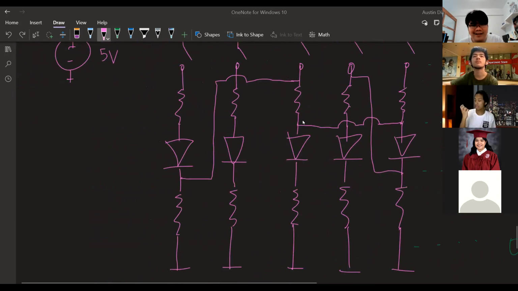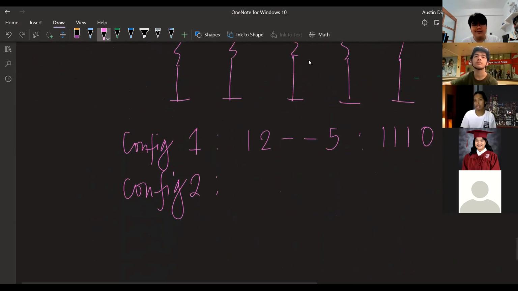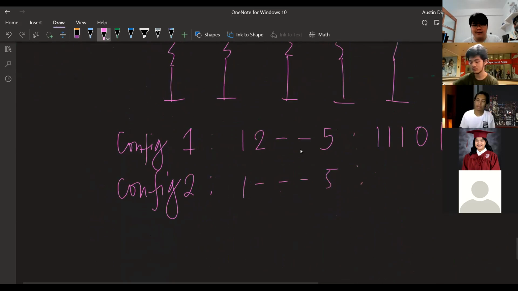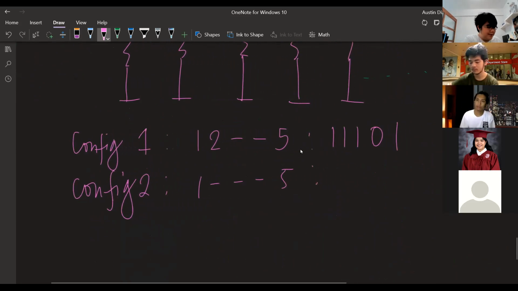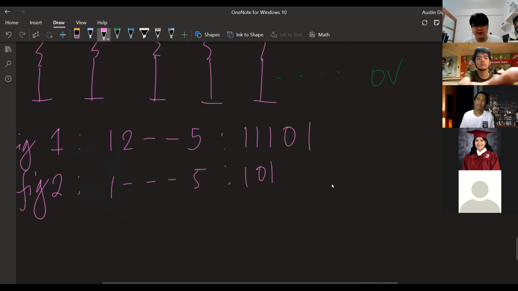Okay. So tuloy tayo sa, okay, so this answers my question. This answers config 1, config 2. Maybe let's choose. Okay, 1 and 5. Kapag pinindot ko si 1 and 5, what do I get? Pressing 1 and 5 gives me 1, 3, and 5 on. 1, 0, 1, 0.